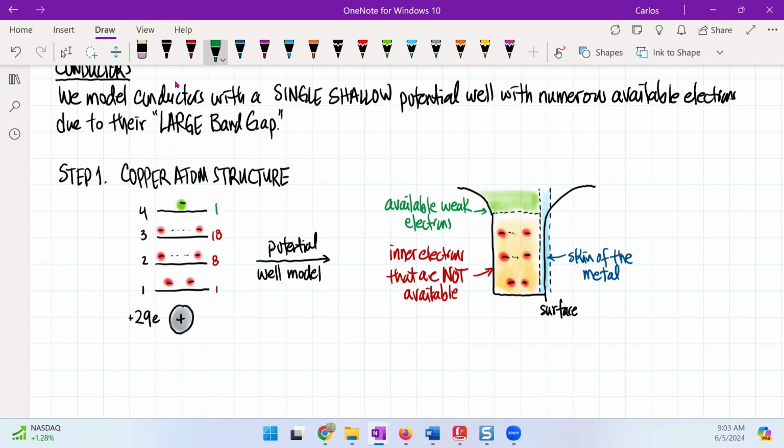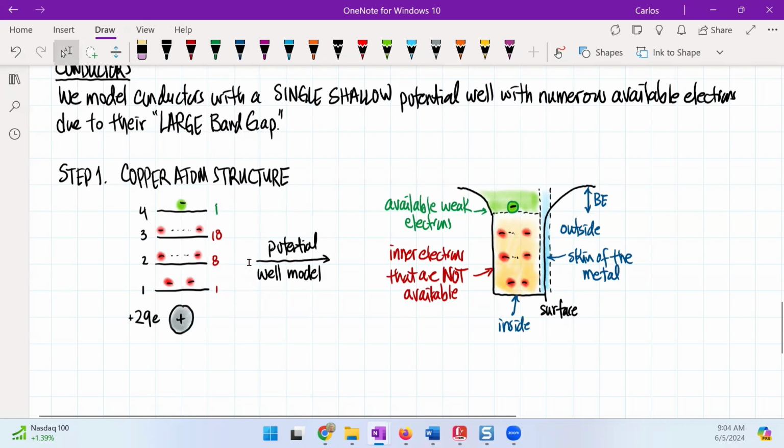And so it's right in here. And so I imagine that I have my electron right here. And maybe I'll try to draw that a little bit darker so that it stands out. And what you're seeing here is that this here represents the binding energy here. So again, this is the inside of the conductor. Out here is the outside of the conductor. And that's how we essentially are setting up the structure.